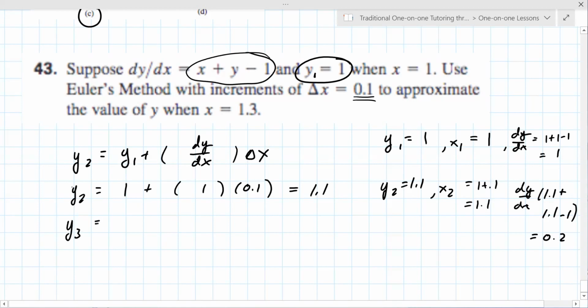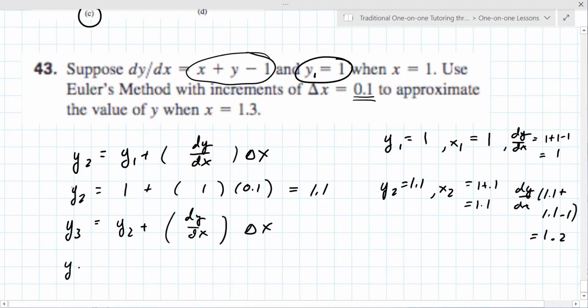So your y3 is, wait, 1.1 plus 1.1, that's 2.2, right? Yes, so it's 1.2. Okay, good. Yeah, I make mistakes, obviously. So then y3 is really your y2 plus dy/dx times your delta x.